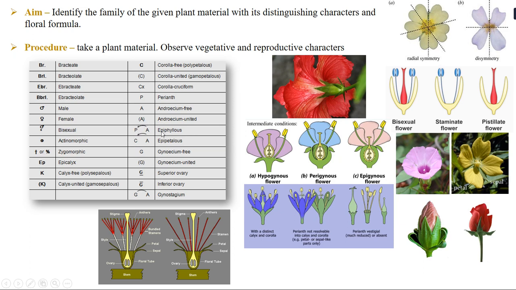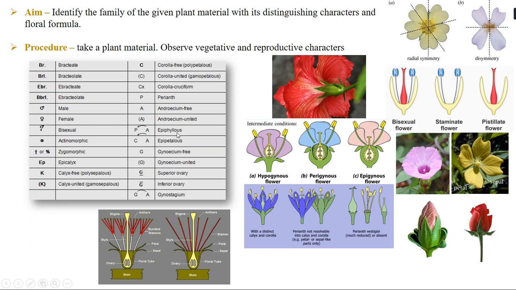Now, what is epiphyllous condition? Sometimes the androeciums are united with the perianth. Such case is called epiphyllous condition. And how do you write it? You write P and A and you put an arrow heading towards P. As you can see over here in this particular picture, in this particular chart.